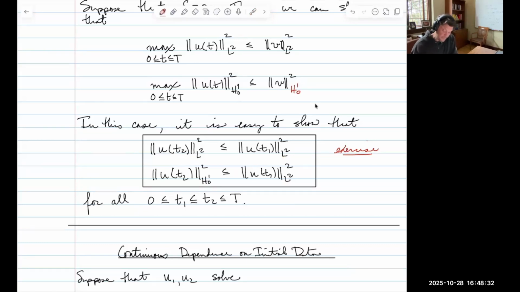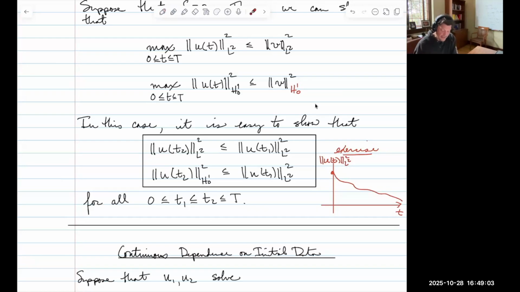That's what we call dissipation. So basically I can plot it on an axis like I would plot anything else in time. And what this is saying is the L2 norm, it could have little plateaus or almost plateaus, but basically it's going down in time. Okay. That's what we call decreasing.